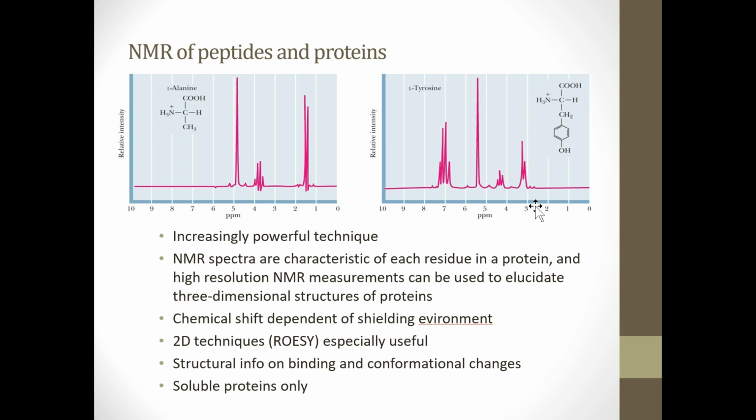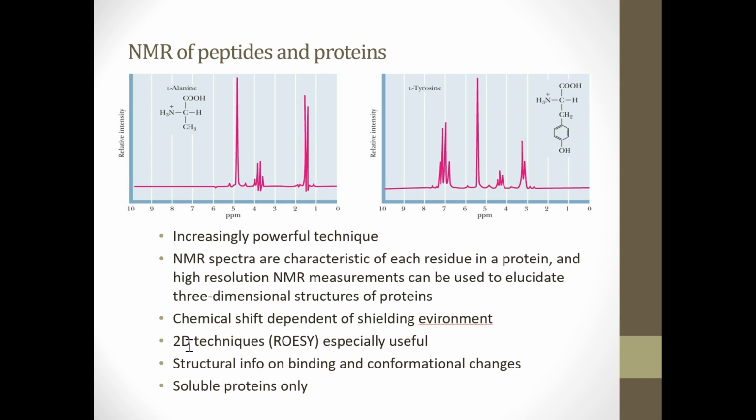As NMR, nuclear magnetic resonance, becomes more powerful, we get a lot more use of it doing protein structure and amino acid chemistries within proteins. So this is an increasingly powerful technique. 2D techniques like ROESY are incredibly useful because ROESY is a through space correlation technique where we can see which residues are near each other in space.